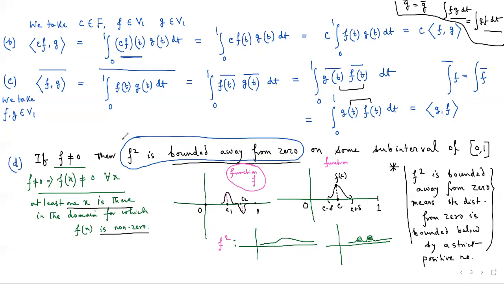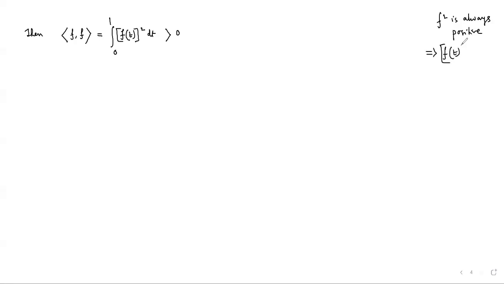And as it is true, then we can take the inner product of the function with itself. We can write it as the integration from 0 to 1 of f(t) whole square dt, which will always be positive because f square is always positive. This implies f(t) whole square is always positive for all t.